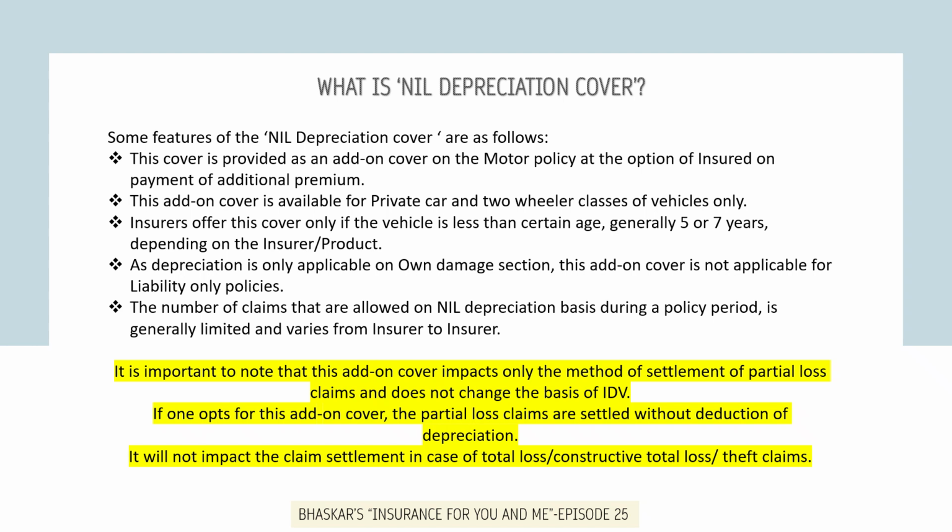And as depreciation is only applicable on own damage section, this add-on cover is not applicable for liability only policies. The number of claims that are allowed on nil depreciation basis during a policy period is generally limited, and the actual number varies from insurer to insurer.